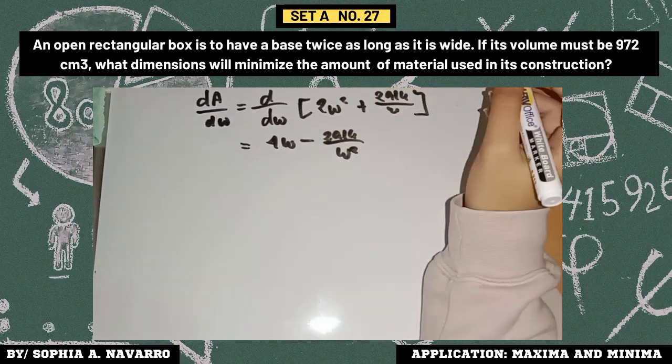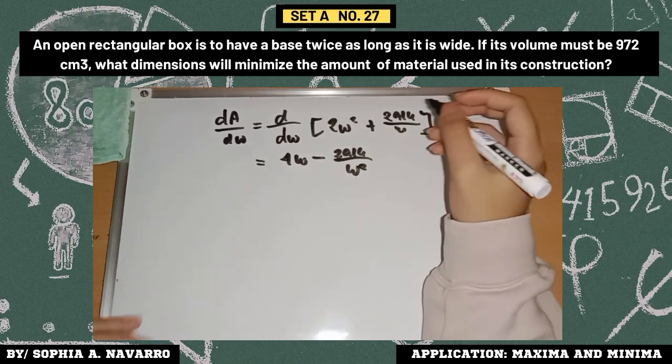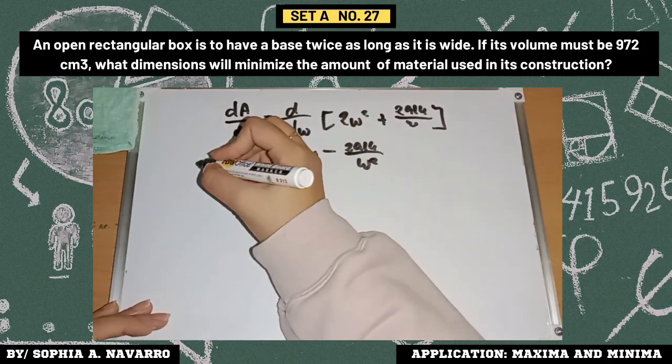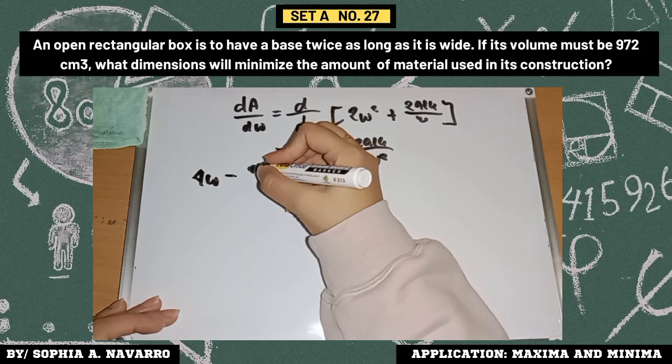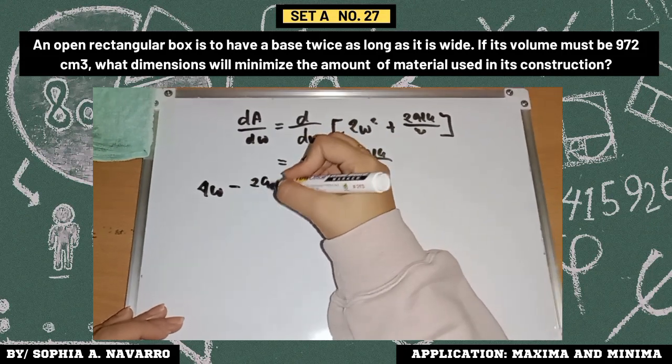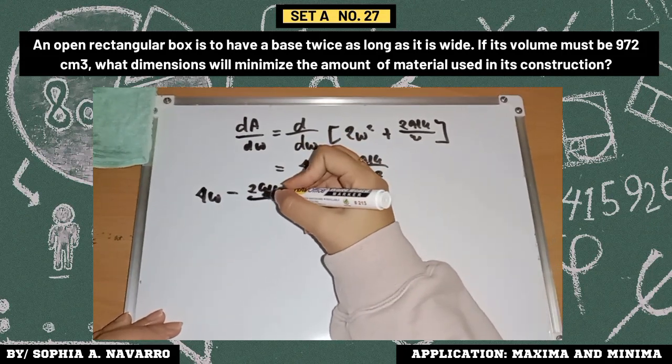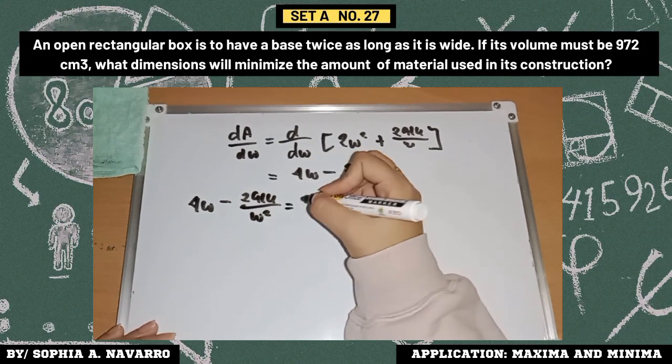And to get that minimum surface area, we must set 4 width minus 2,916 over width squared equal to 0.